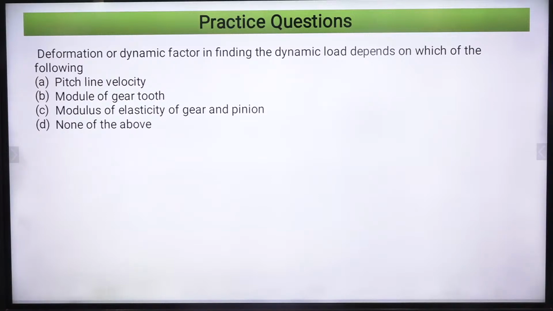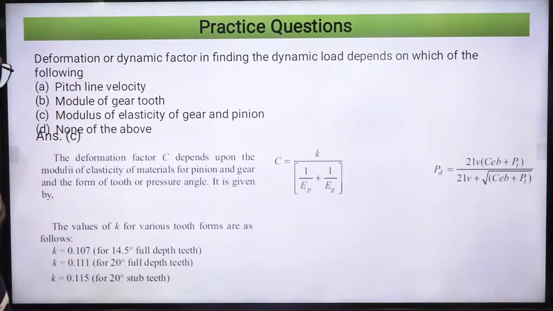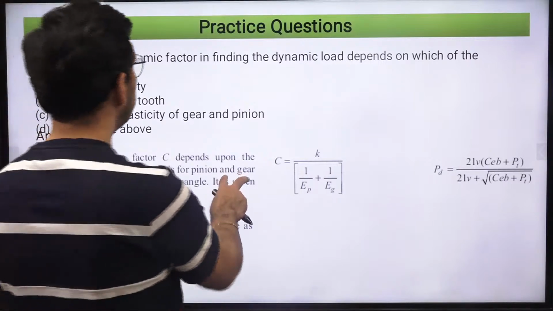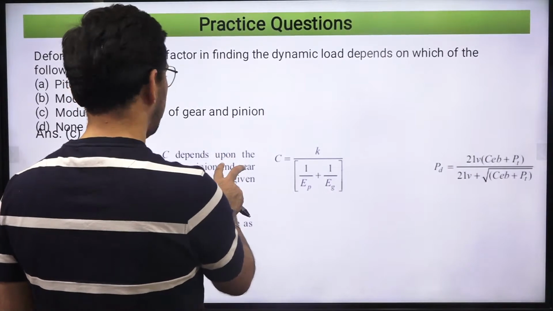Module of the gear tooth, modulus of elasticity of gear and pinion. So we'll keep on relating this.